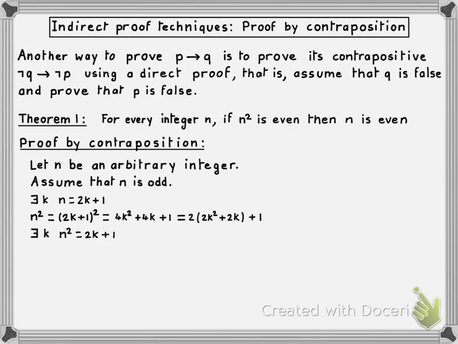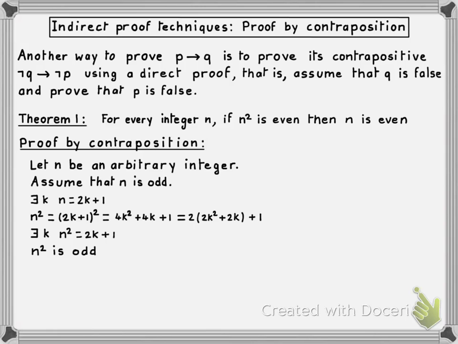So we can use existential generalization to infer that there also exists an integer k such that n squared is equal to 2k plus 1, where the k needed here is this particular integer. Well, that is the definition of n squared being odd, so we can infer that as the next step.